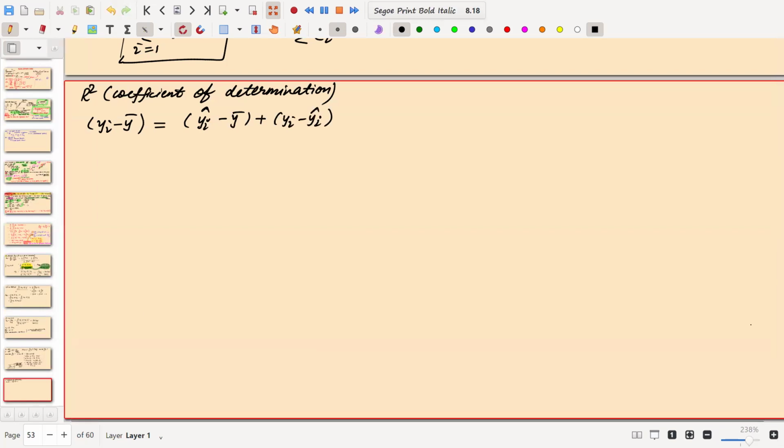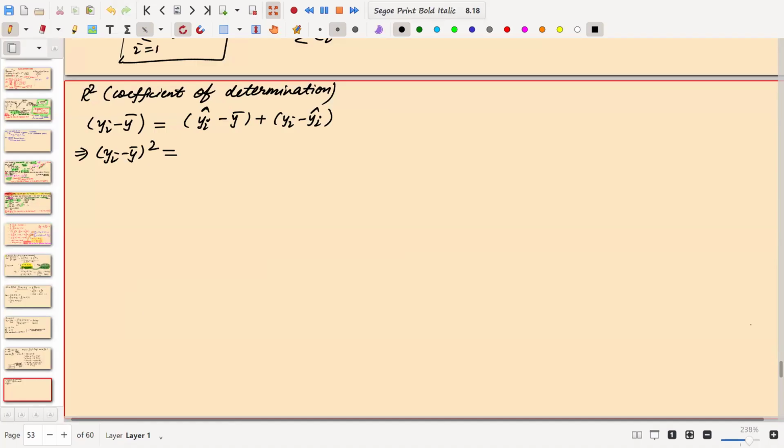Is this correct? Yes, it's correct, because I am subtracting and adding yi cap, and yi minus y bar stays intact. What can I do with this? If I take yi minus y bar whole square, then what will I get?